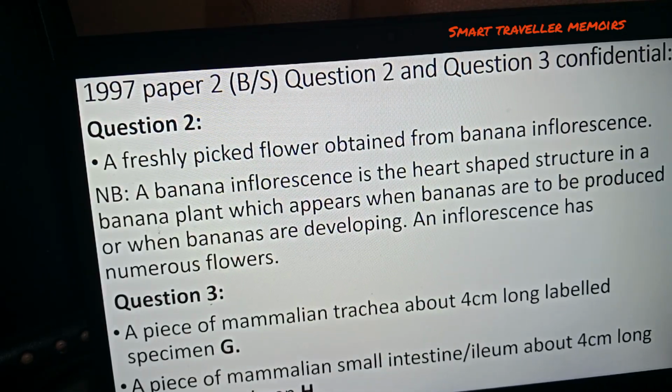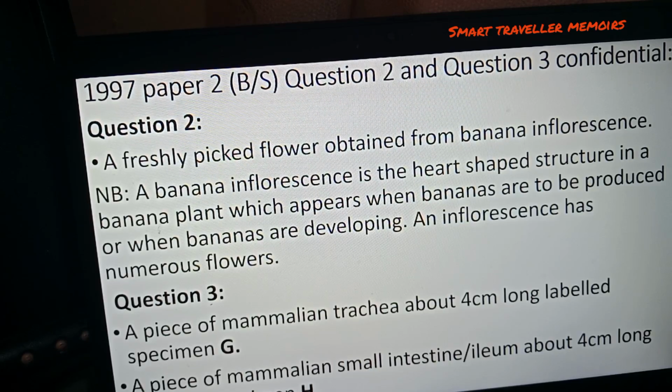In question 2, the confidential asked for a freshly picked flower obtained from banana inflorescence. Note, a banana inflorescence is the heart-shaped structure in a banana plant which appears when bananas are to be produced or when bananas are developed. An inflorescence has numerous flowers.